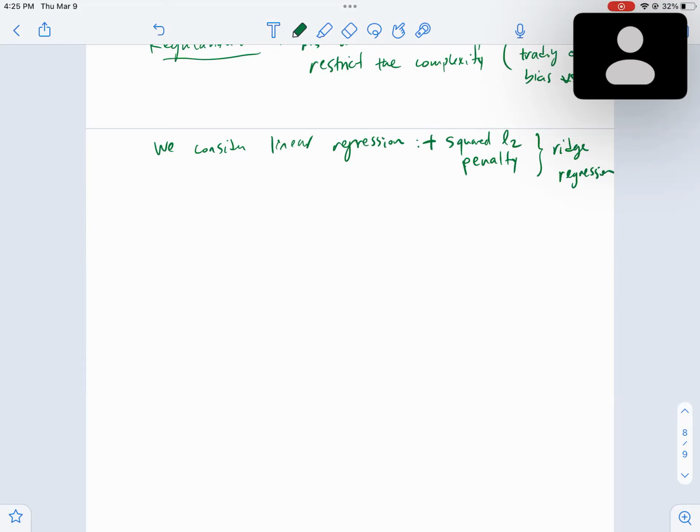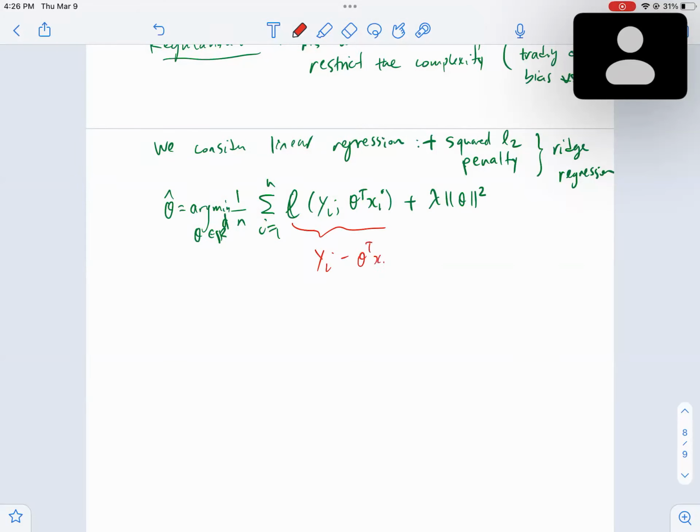What it looks like is a sum over i from 1 to n. Remember, there's a loss here. The general form is something like that: ridge is the loss plus lambda times theta squared. Then theta hat is the argmin over theta in R^d. For regression, this simplifies to a quadratic loss, (y_i minus theta transpose x_i) squared.